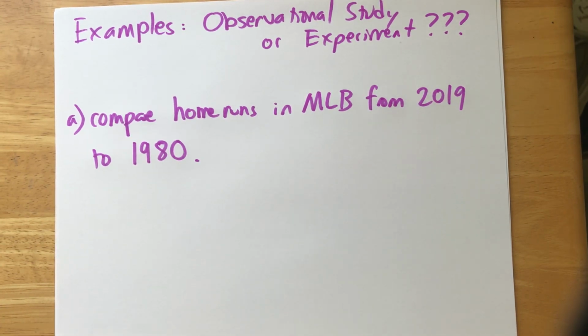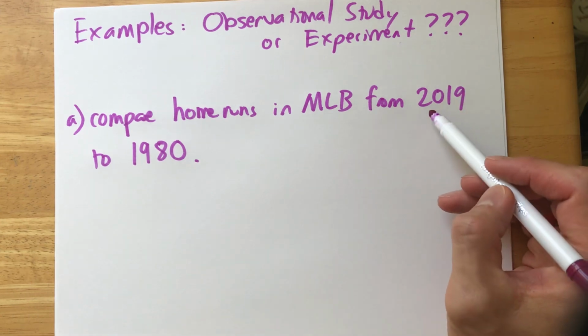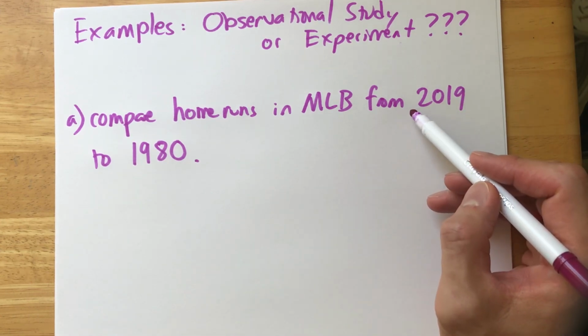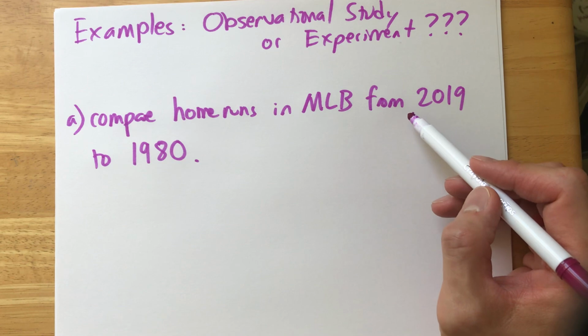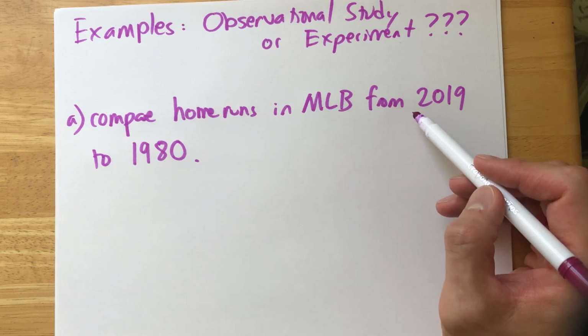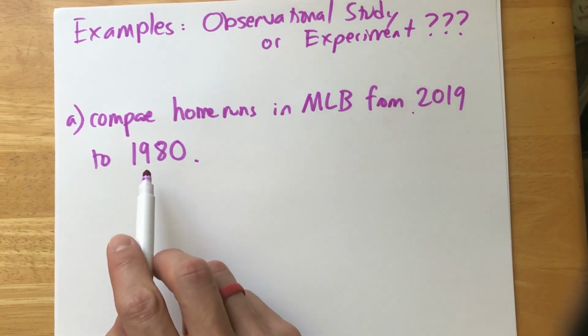So when you do this, you would probably look at statistics from the last season, right? You can look at the total number of home runs. You can look at the average number of home runs. You can look at specific players or specific teams, right? And then same thing for here.